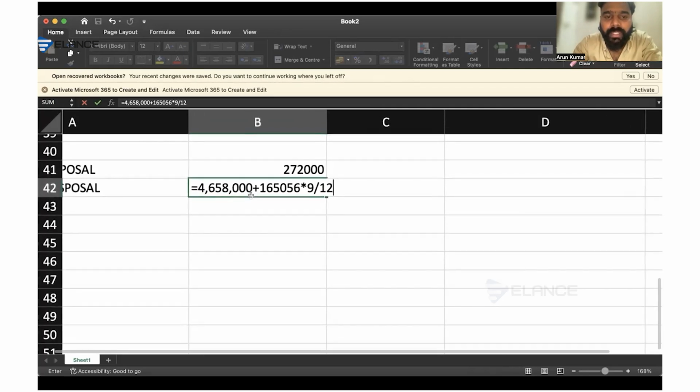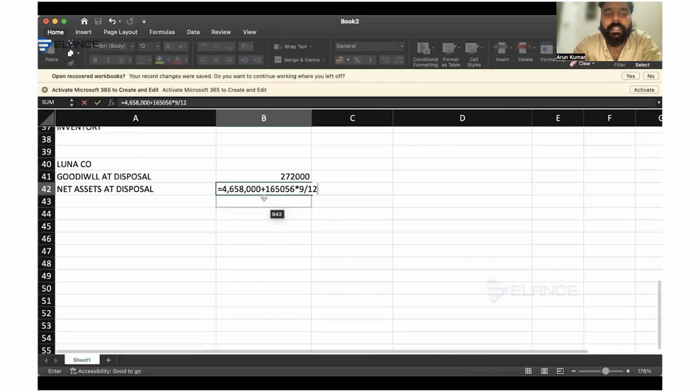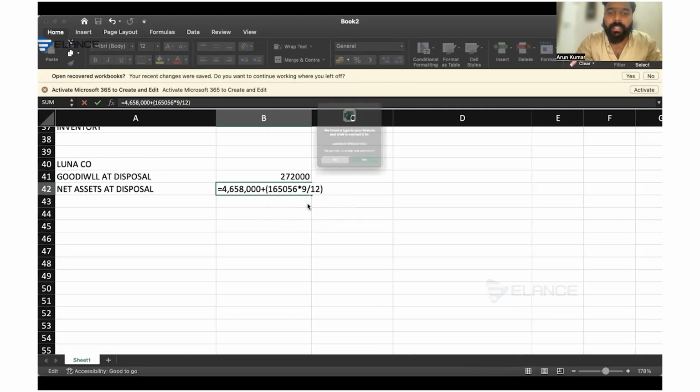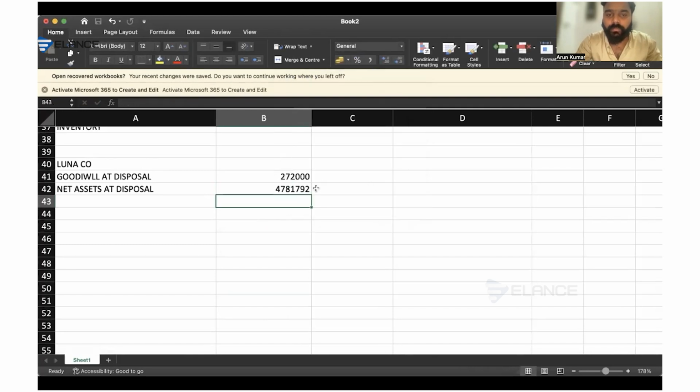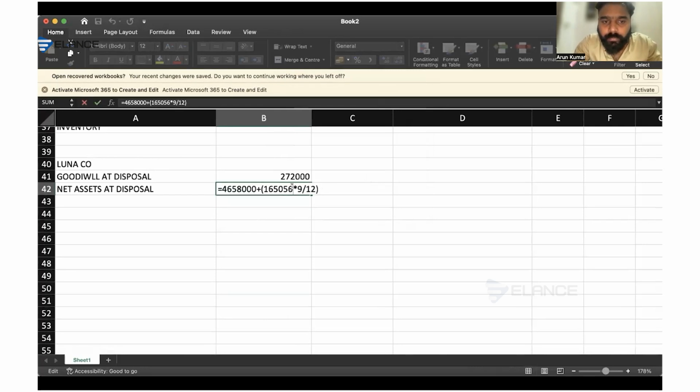Have you understood the logic behind it? I've included the profit of 9 months as well, so we get the net assets at the disposal date. Is that clear, everyone?